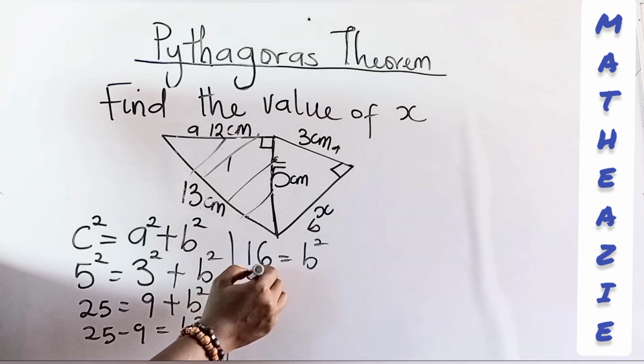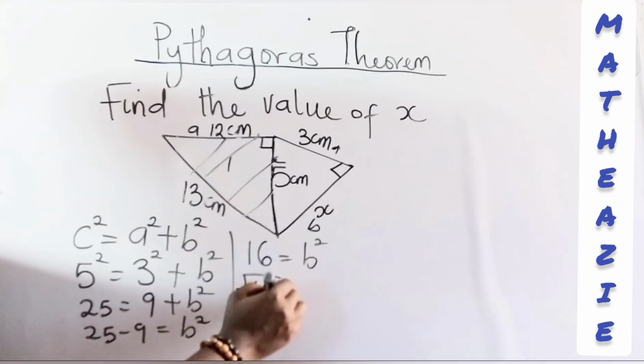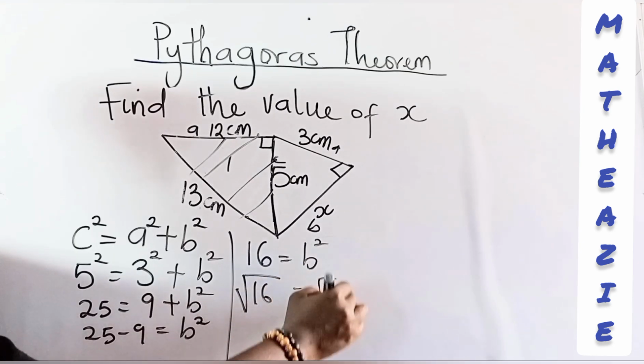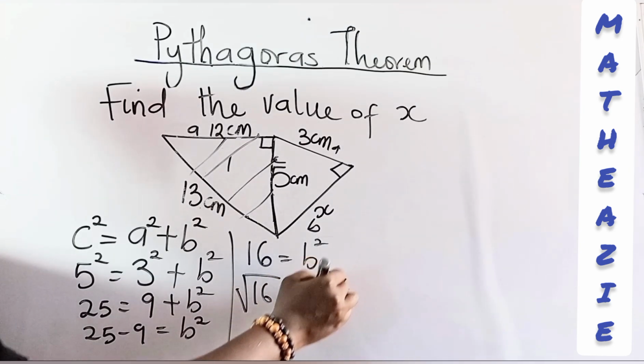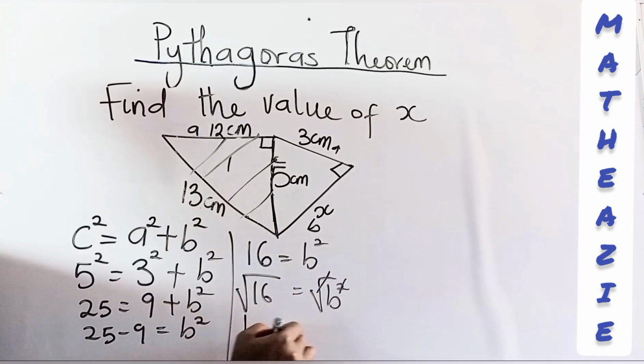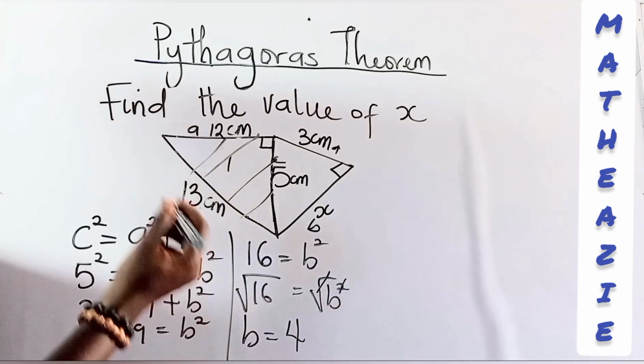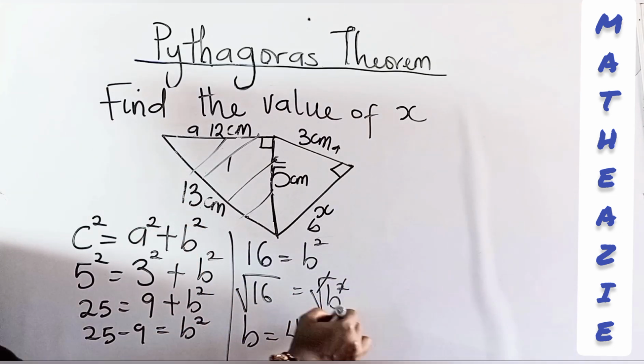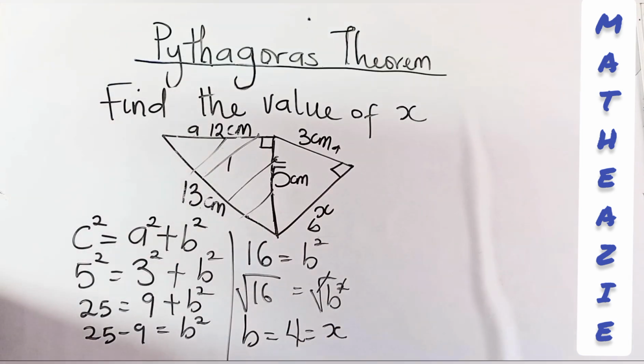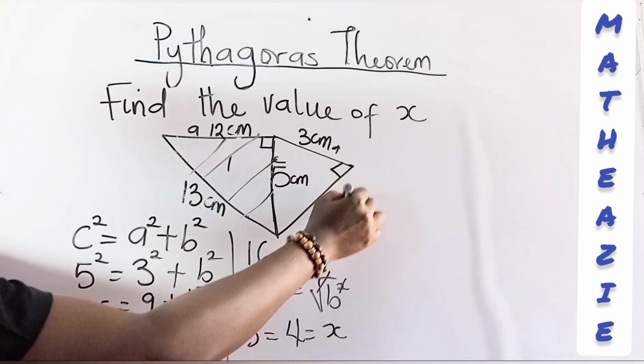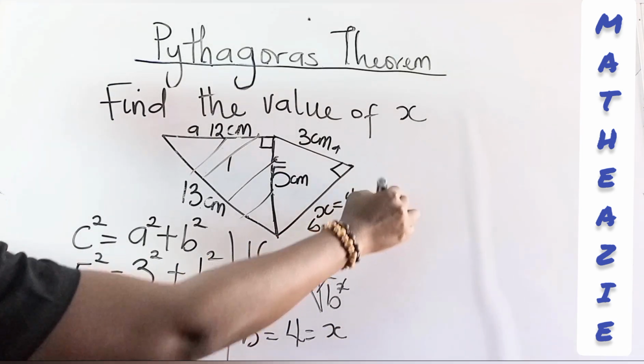To find our B, we find the square root of both sides. This cancels out. Then B equals 4. And our B equals x. Therefore, the value of our x equals 4 cm.